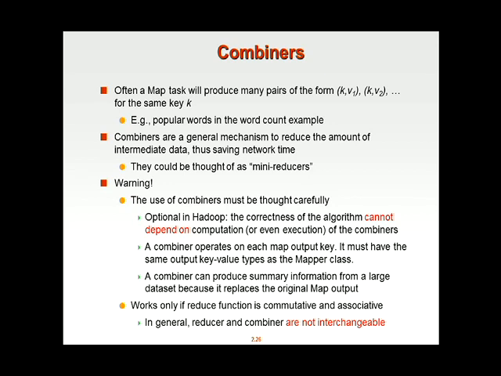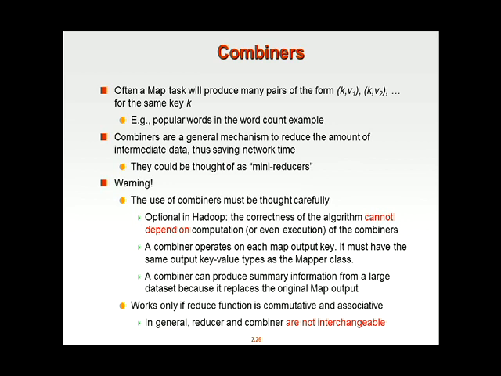A combiner operates on each map output key, so it must have the same output key value types as the mapper class. It also reads the mapper output as input, just the same as a reducer: the reducer reads the mapper output as input, and the combiner also reads the mapper output as input.